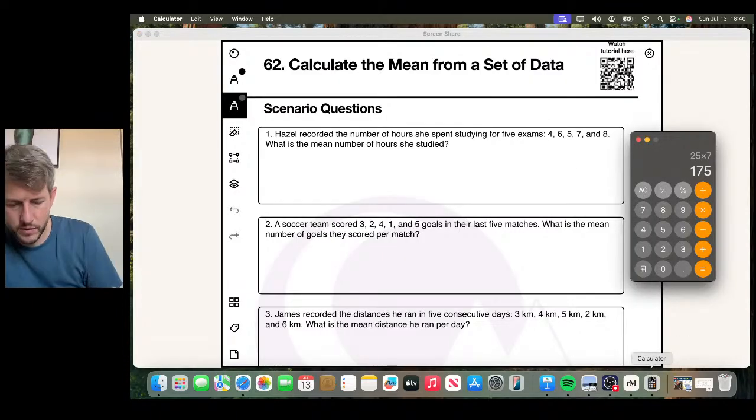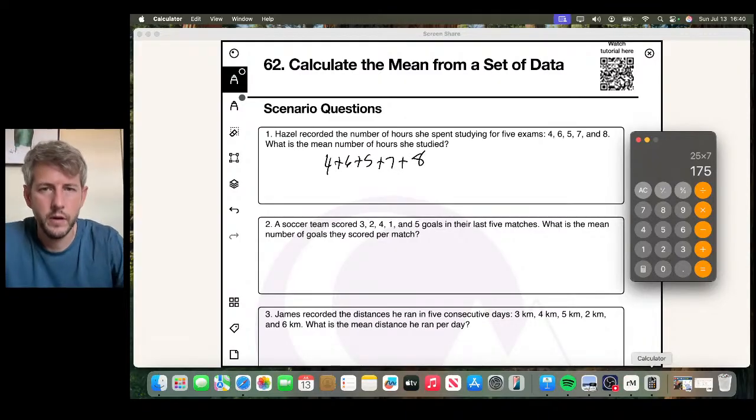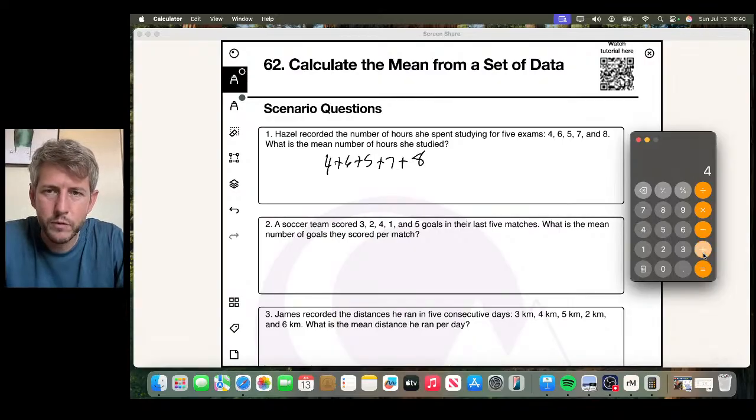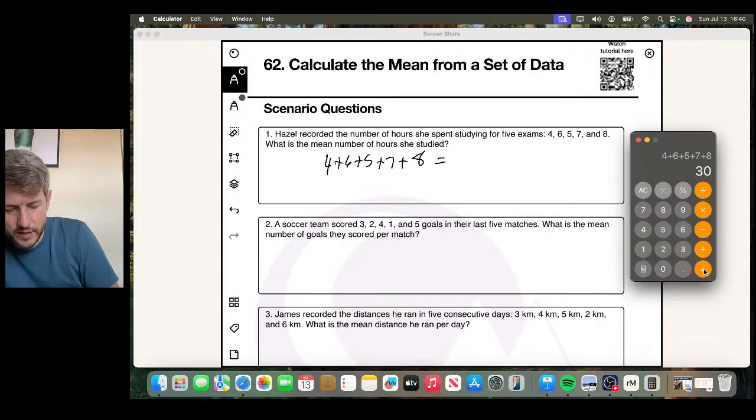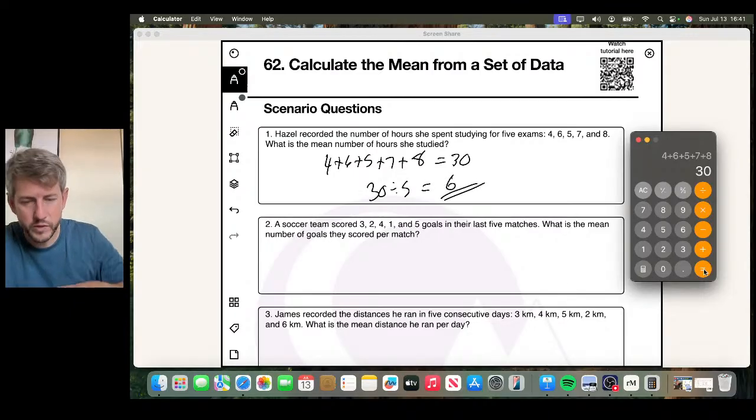So 4, add 6, add 5, add 7, add 8. That equals 30. And then it's 5 exams, so 30 divided by 5. Her mean was 6.